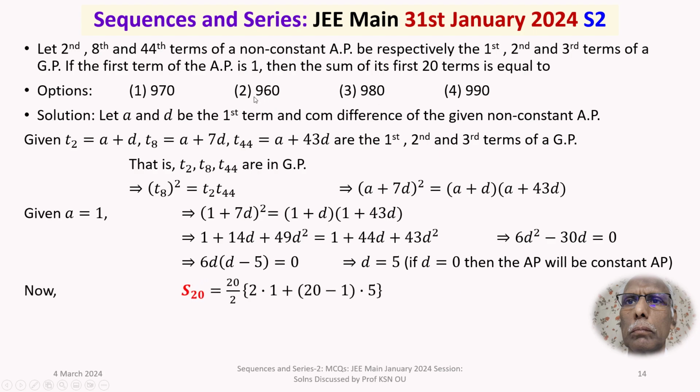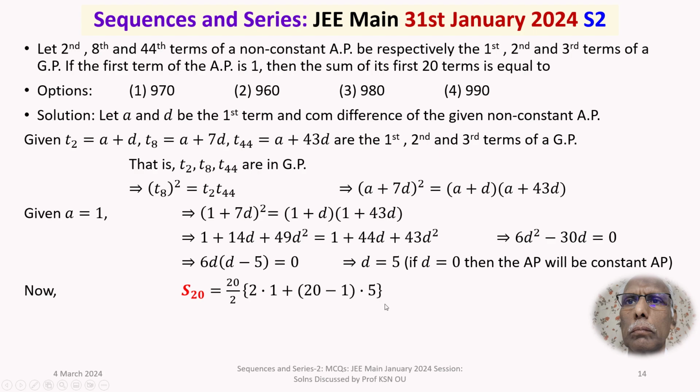Now we have to find the sum of the first 20 terms of the arithmetic progression. Sn is equal to n by 2 into (2a plus (n minus 1) into d), where n is 20, a is 1, d is 5.